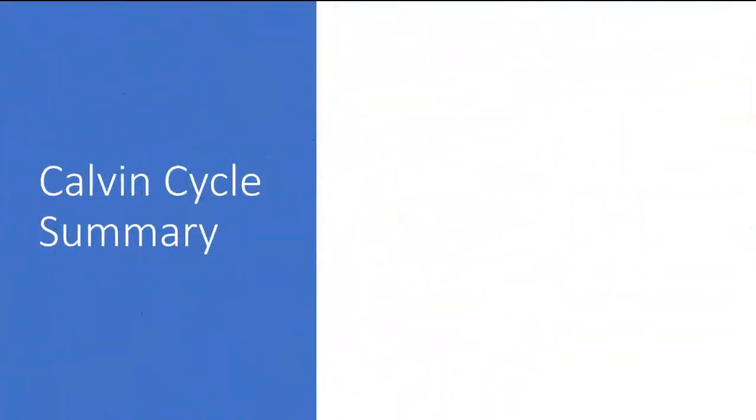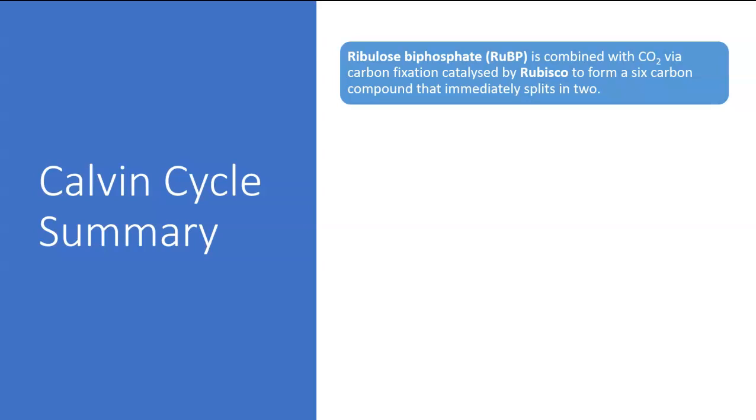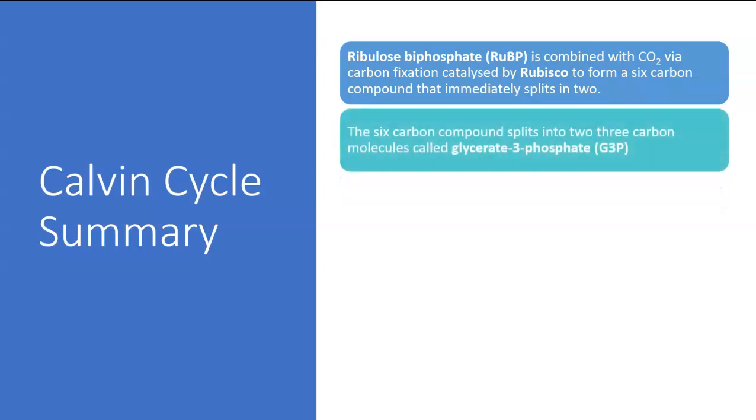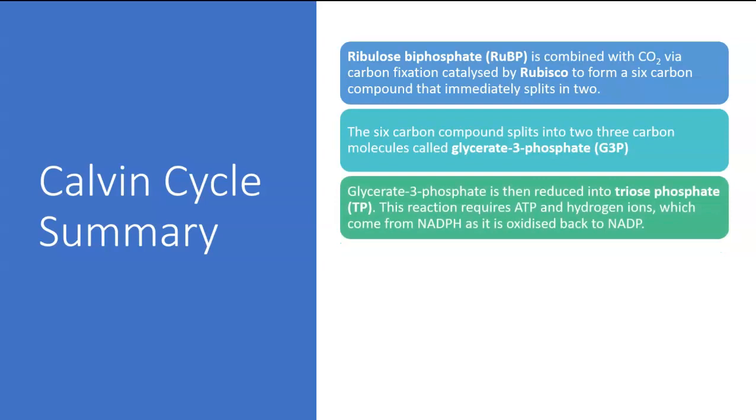Alrighty, so a summary of the Calvin cycle. RuBP is combined with CO2 via carbon fixation catalyzed by rubisco to form a 6-carbon compound that immediately splits into 2. The 6-carbon compound splits into 2 3-carbon molecules called glycerate 3-phosphate. Glycerate 3-phosphate is then reduced into triose phosphate, TP.